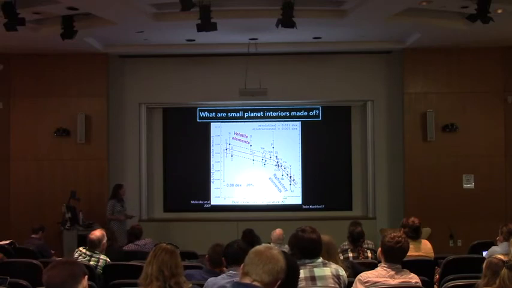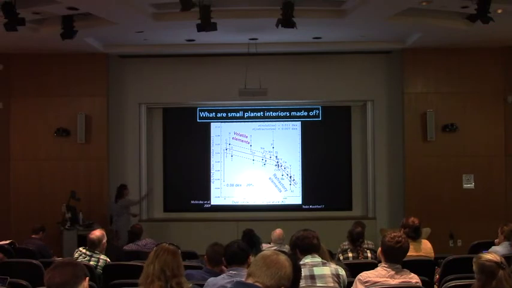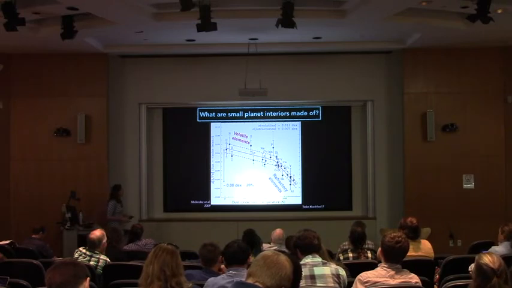And he suggested that this is potentially a signature of small planet formation in our solar system, that this material that the sun is missing, this heavy element material, went into the small planets in our solar system.